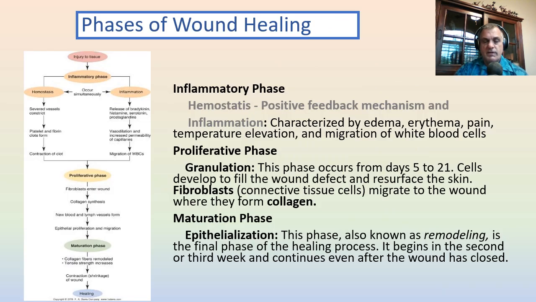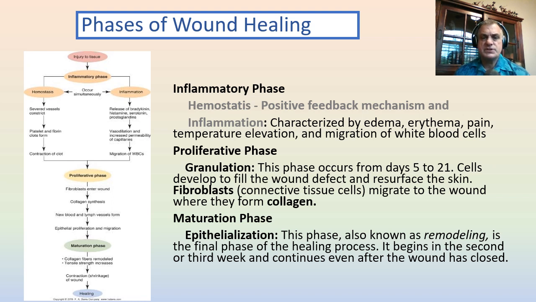Now, there are the phases of wound healing. You need to know the phases of wound healing because of our assessment of a wound as registered nurses, as nursing professionals. There's the first phase, which is the inflammatory phase. It includes both hemostasis.